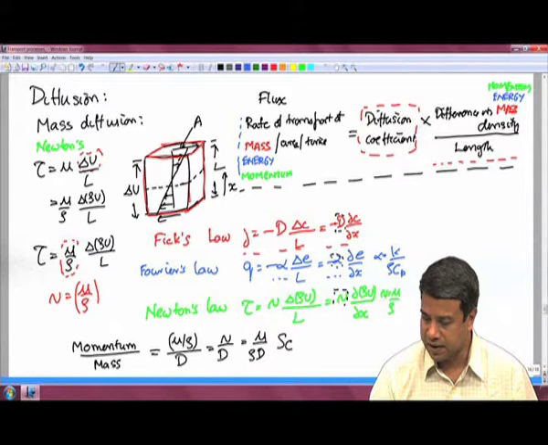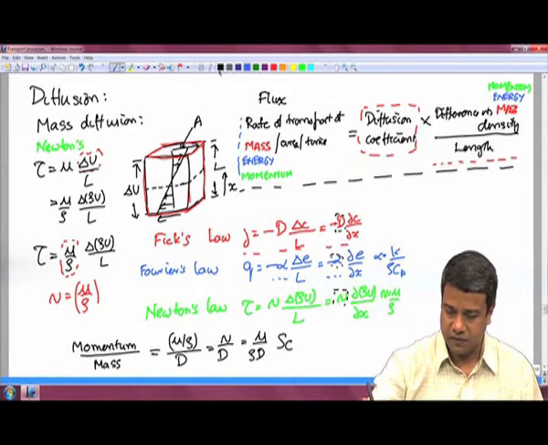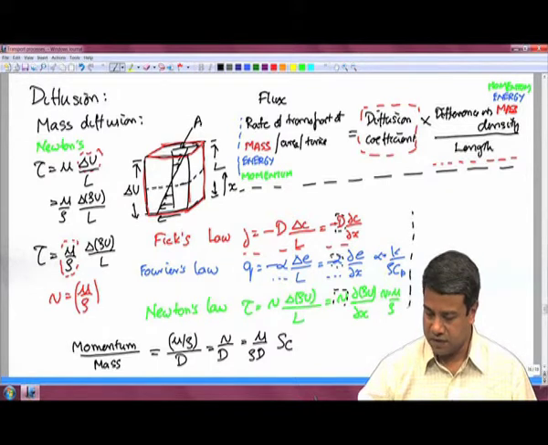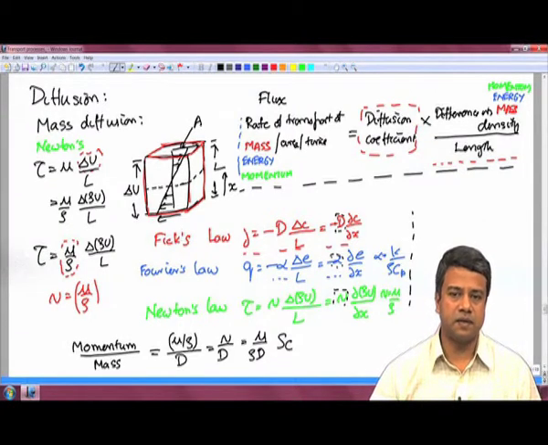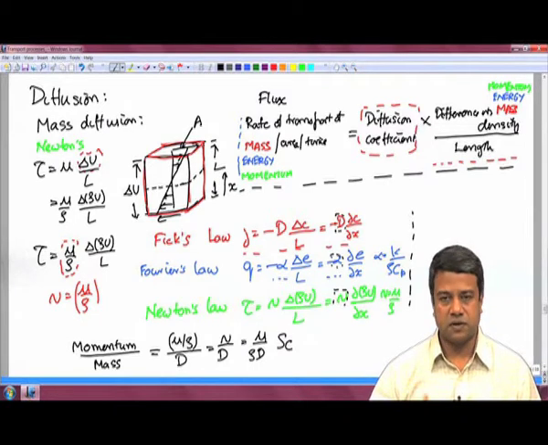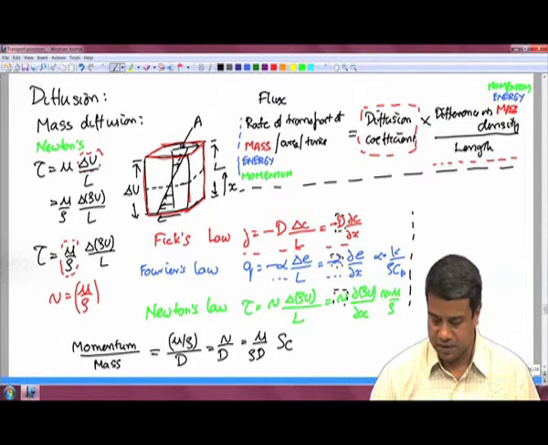So, these diffusion laws can be written in a unified framework: Fick's law for diffusion, Fourier's law for heat conduction, Newton's law for viscosity. The flux is equal to a diffusion coefficient times a difference in density divided by a length, or a diffusion coefficient times a gradient in the density, whether the density is that of mass, momentum or energy.